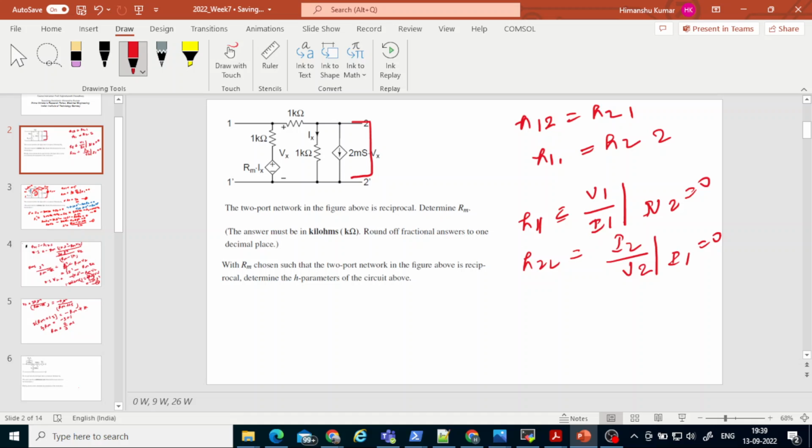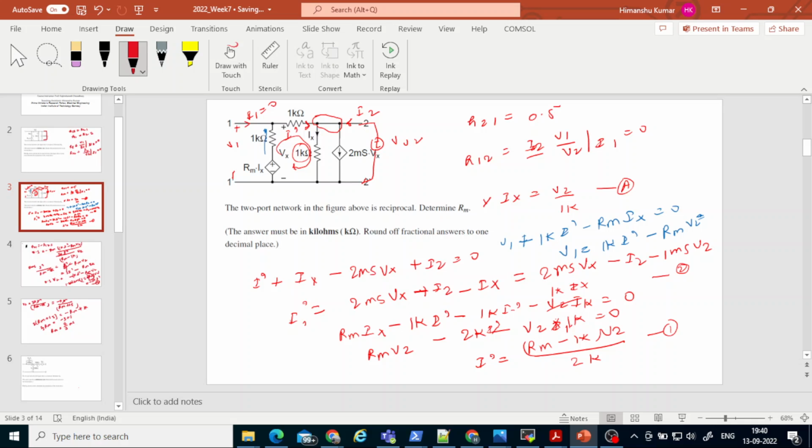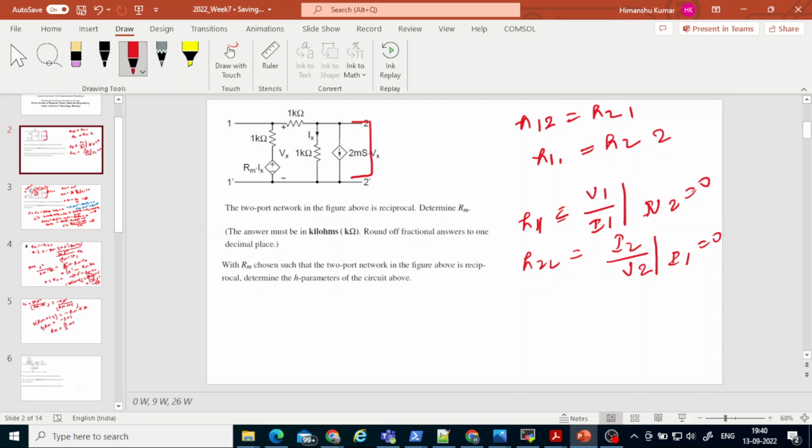Okay, so in the first case, when we solve for V2 equals to 0, we need to find the ratio of V1 and I1.